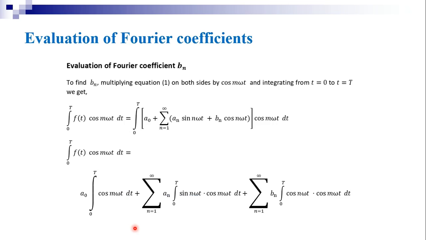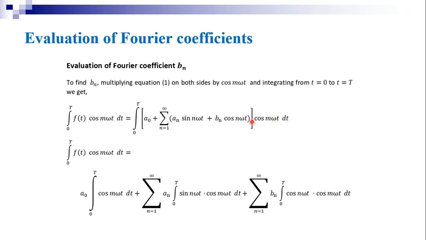Now let us discuss the evaluation of the Fourier coefficient bn in a similar way. To find bn, we multiply equation 1 on both sides by cos m omega t and integrate from t is equal to 0 to t is equal to T. We will get the integration of f of t cos m omega t dt is equal to the integration of a naught plus summation n is equal to 1 to infinity of an sin n omega t plus bn cos n omega t, into cos m omega t.